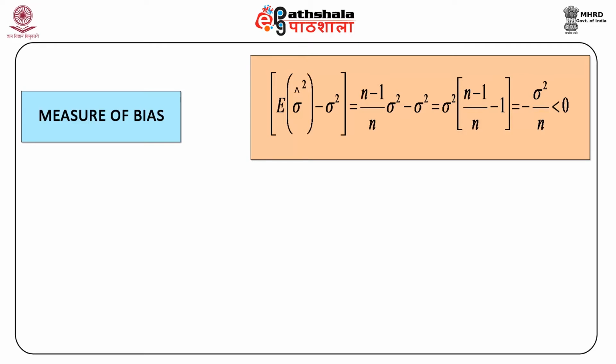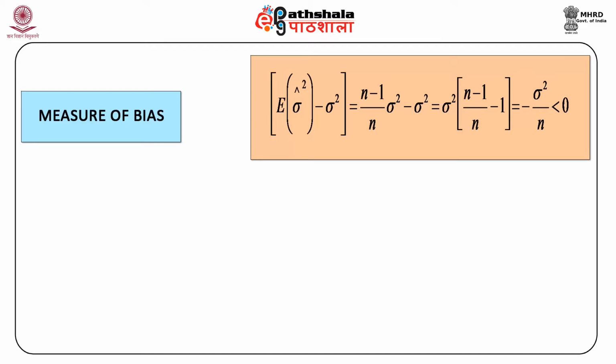This is equal to minus sigma square upon n, which is less than 0 because it is negative. Thus, the estimator sigma hat square has the tendency to underestimate the population variance.